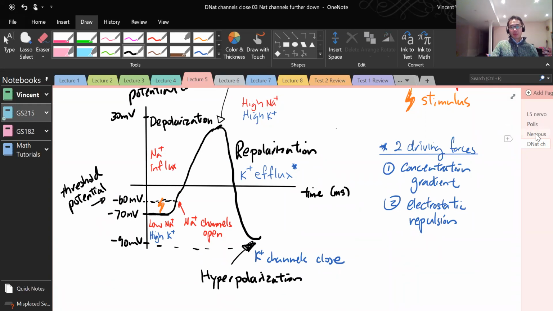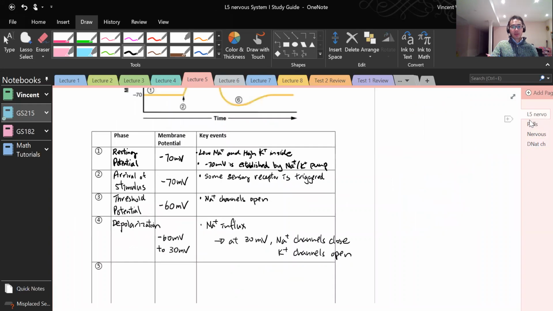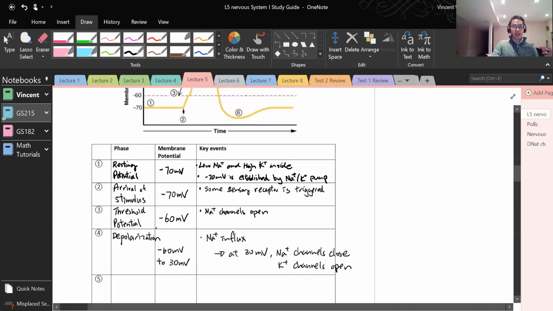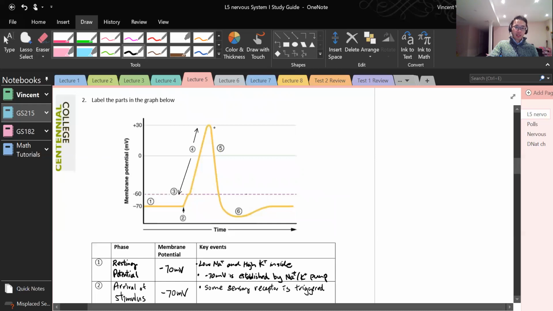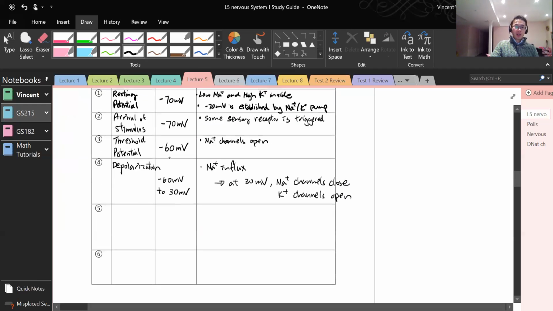All right, let me go back to this one over here. So at number 5, where's number 5? Number 5 is this phase here, right? Number 5 is repolarization. It is from 30 to minus 90, and it is caused by potassium efflux.